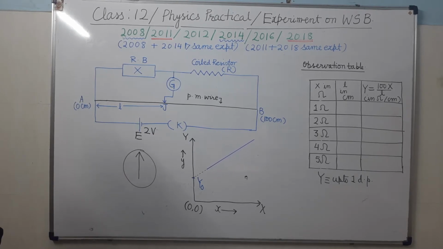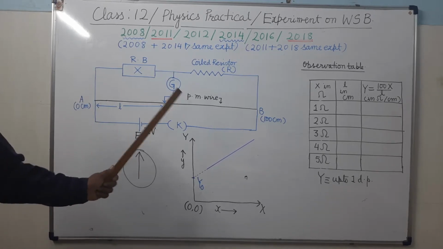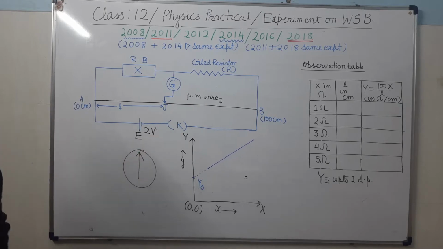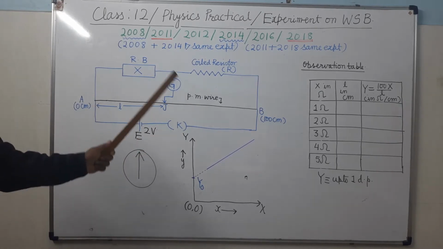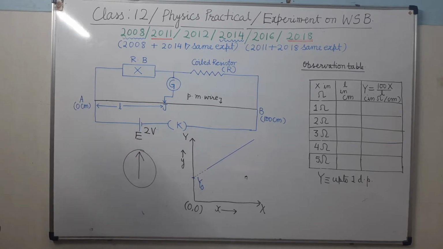It's clear? If it is not so, then the null point, that is the no deflection point, cannot be obtained. There will be some fault in setting up the circuit.